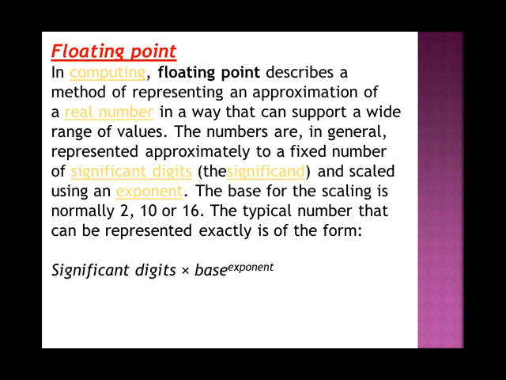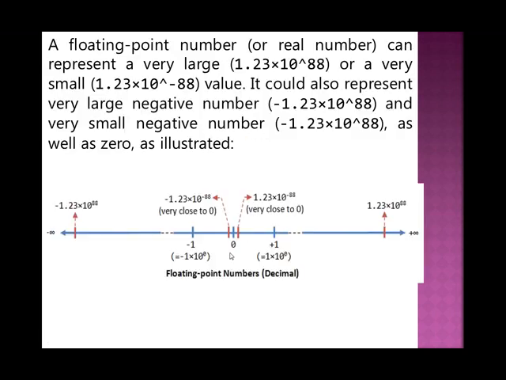The exponent is the power part. The form of a floating point number is significand times base to the power of the exponent. So these are the floating point numbers and the syntax for how we can represent them. Then we also studied this figure, how a floating point number is represented.